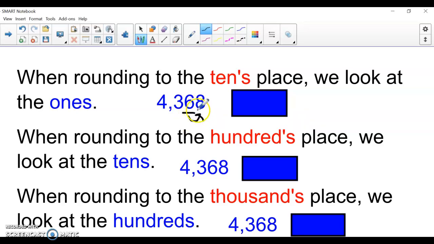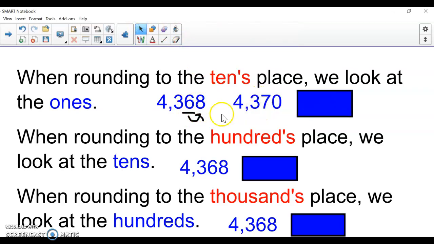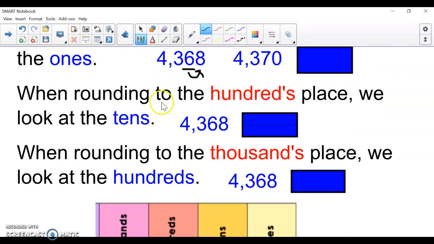Next door, we have an 8. 8 is 2 away from going up the next place value, but 8 away from going back down. Or think of it as we're at 68 right now. Is that closer to 70 or is it closer to 60? It's only 2 away from 70. So our rounded answer for this is going to be 4,370.